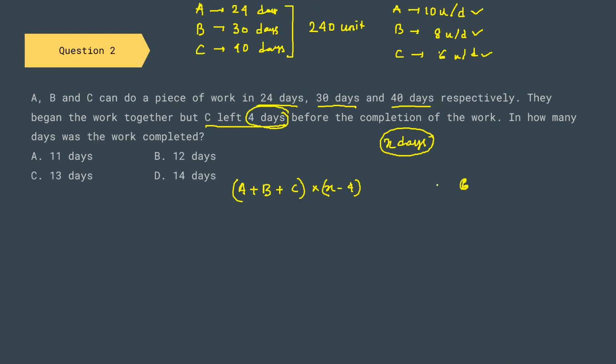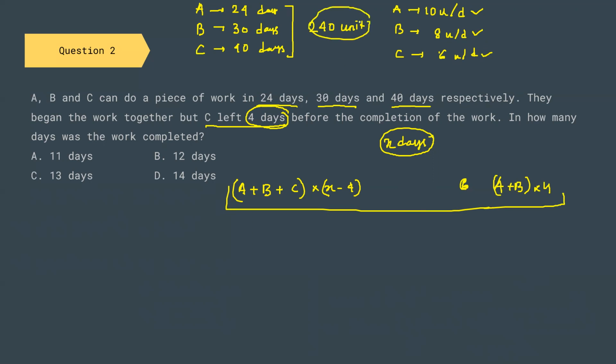So I can say that A and B together worked for only 4 days. So (A plus B) into 4. Now what we know is that the total amount of work should be 240 units, because this is the total amount of work that we know.